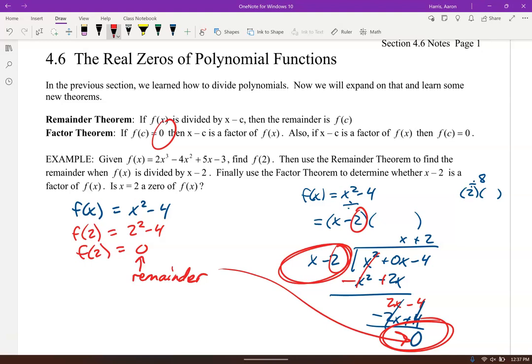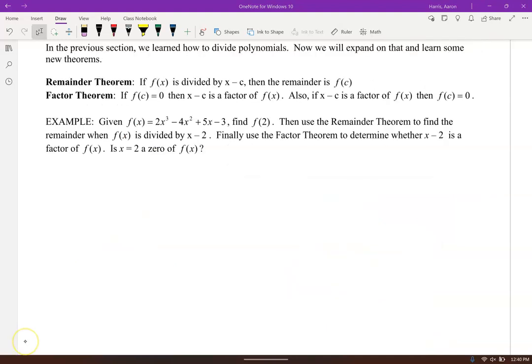So let's go ahead and use the remainder theorem for this next one with a different function, 2x cubed minus 4x squared plus 5x minus 3. Let me go ahead and erase this in a sec. So here's our function f of x, and we're going to test if x minus 2 is a factor, right?